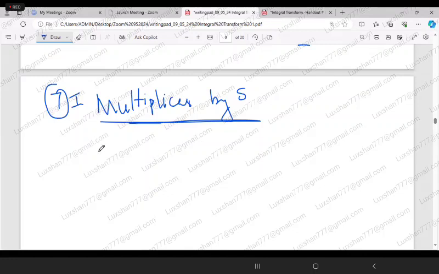Now, can anyone tell me what is the Laplace transform of f dash t? What is the Laplace transform of the first derivative?